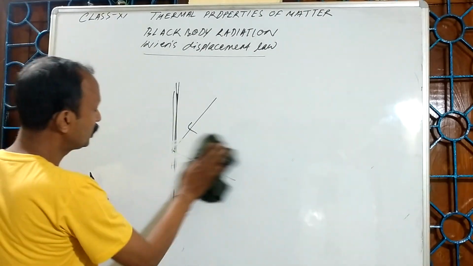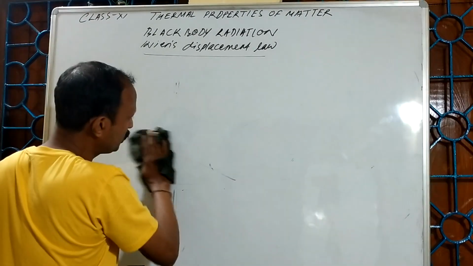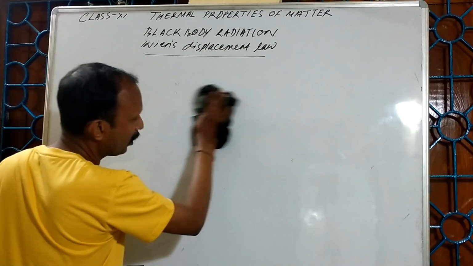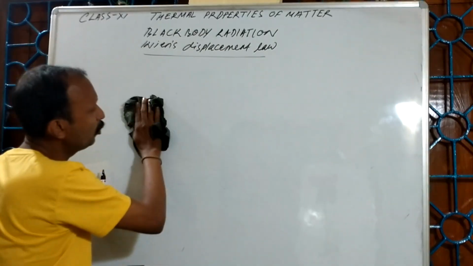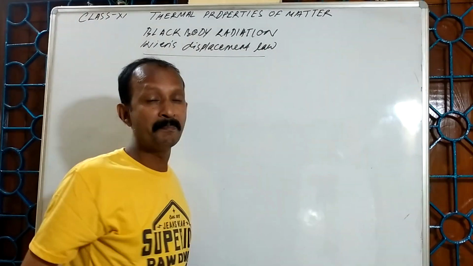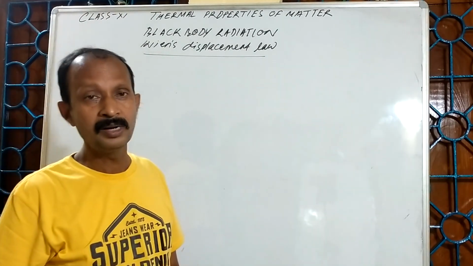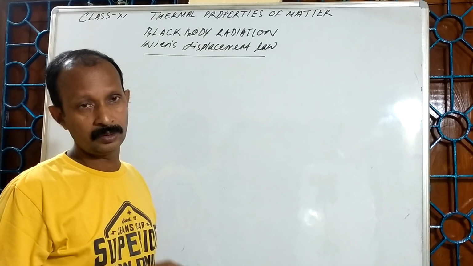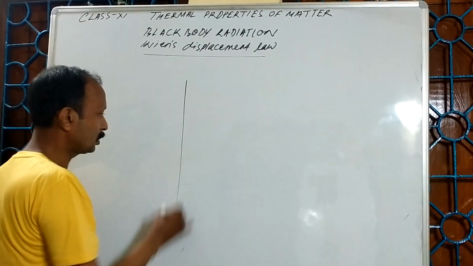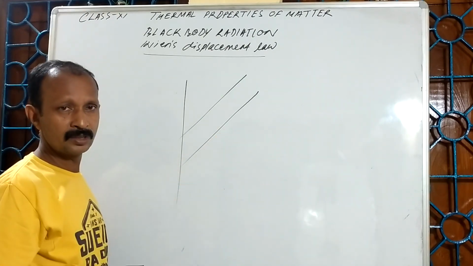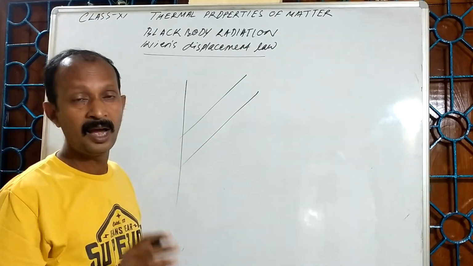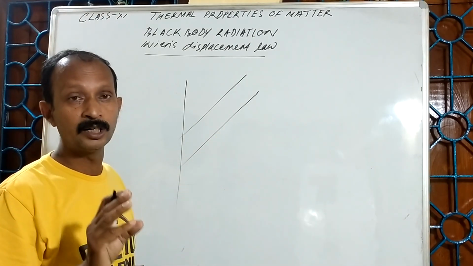See here. A black body is a perfectly black or ideal black body. I said lamp black is an example which can absorb the maximum amount of radiation. This is a substance. When the radiations are coming, those radiations have different wavelengths and different amounts of energy.